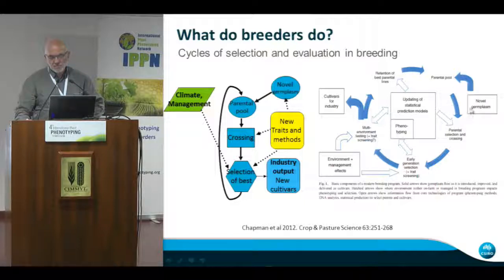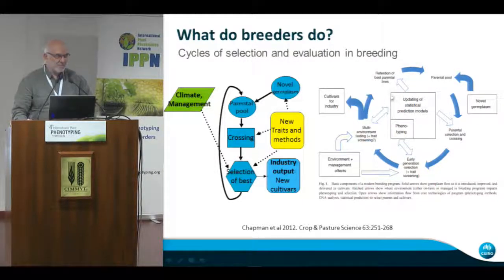You've got some parental selection and crossing, some novel germplasm coming in, some selection in these progeny, multi-environment testing as you screen those progeny and go through that pipeline, ultimately leading to some release of cultivars and back around to best lines maybe coming back into the parental pool.